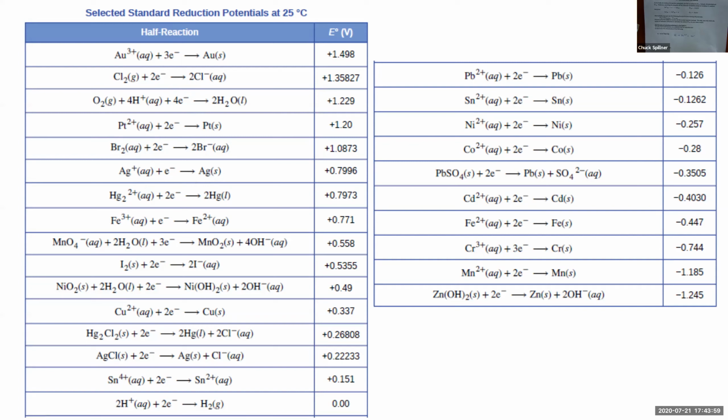Remember, the reactions are opposite. The cathode is always reduction, so what happens at the cathode is as shown in this table. What happens at the anode is the opposite. When you're comparing two half reactions, the reduction half reaction with the highest reduction potential is going to occur at the cathode. I'll be repeating this over and over as we go through.